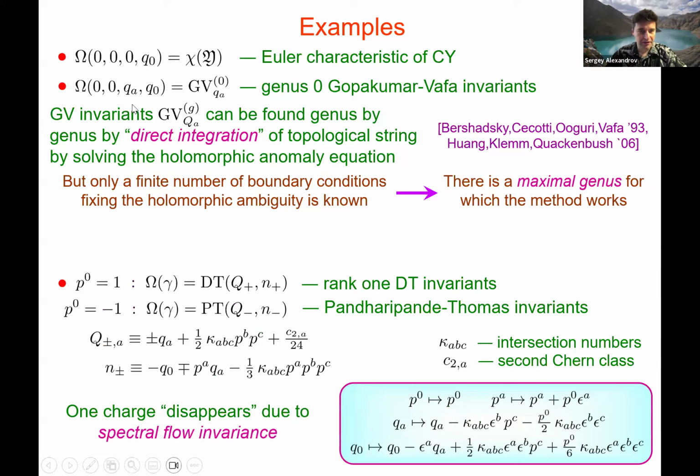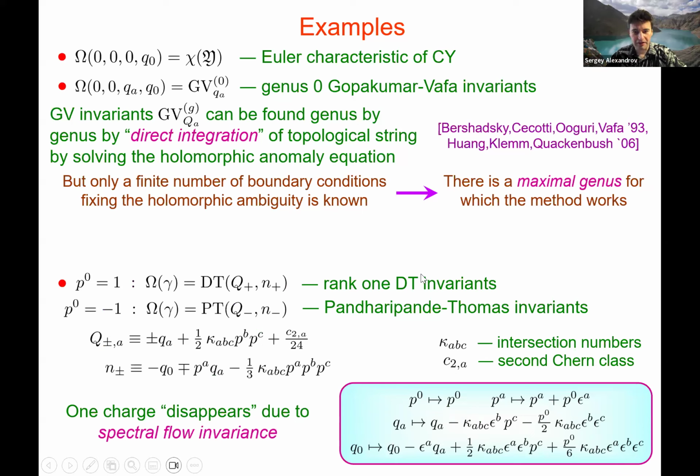Okay, so this is about Gopakumar-Vafa invariants, and the next class of generalized DT invariants which I'd like to mention are just rank 1 and rank -1 invariants. The role of the rank is played by the D6 brane charge, P0.